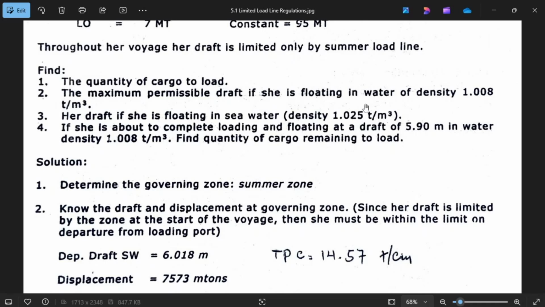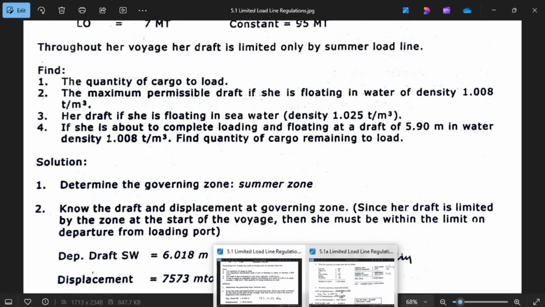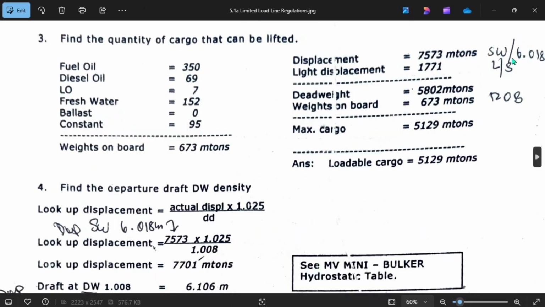Maximum Percival drop, she is floating, or the quantity of cargo to load, this is number 1, okay. The maximum Percival drop if she is floating in a water density of 1.008. We will go to that later. Her drop if she is floating in a water density of 1.025. So your salt water density is this one, guys. 6.018, that is your summer. This will be your departure if you are floating in seawater of 1.025, but at port you are floating in 1.008.